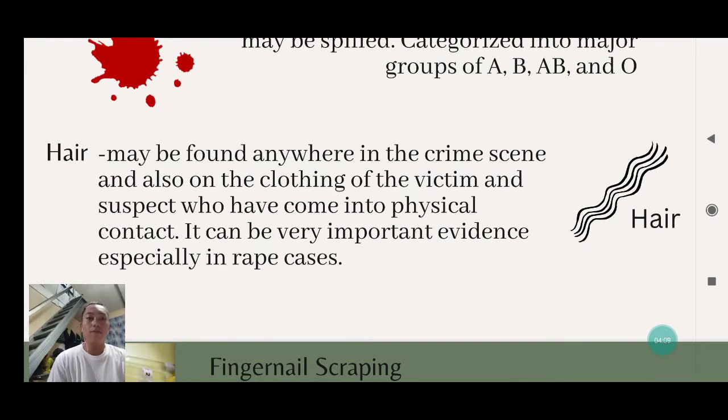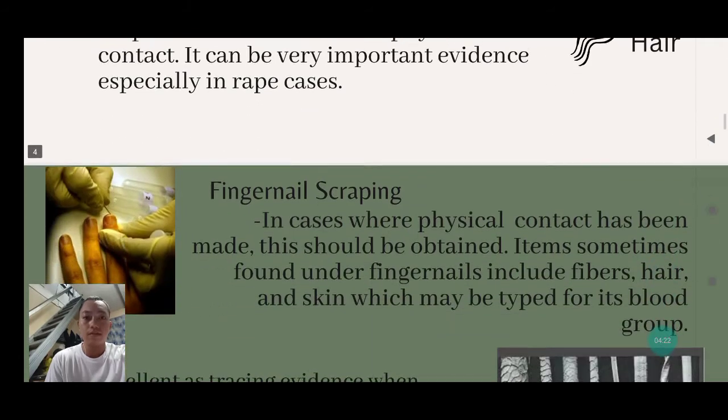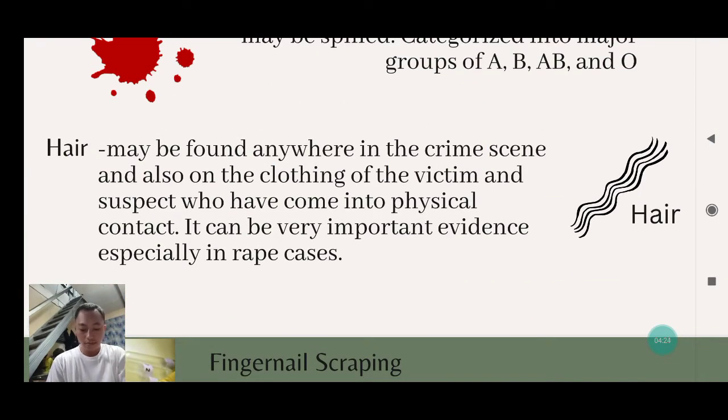Hair may be found anywhere in the crime scene, also on the clothing of the victim and suspect who have come into physical contact. It can be very important evidence, especially in rape cases. Collection of hair. Take samples of head hair from the top, the back, and each side of the head.